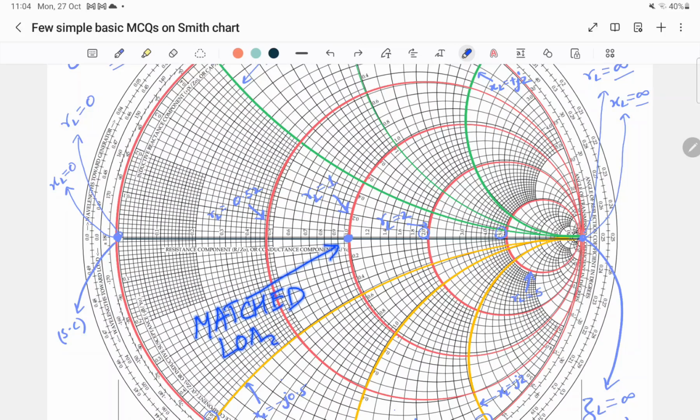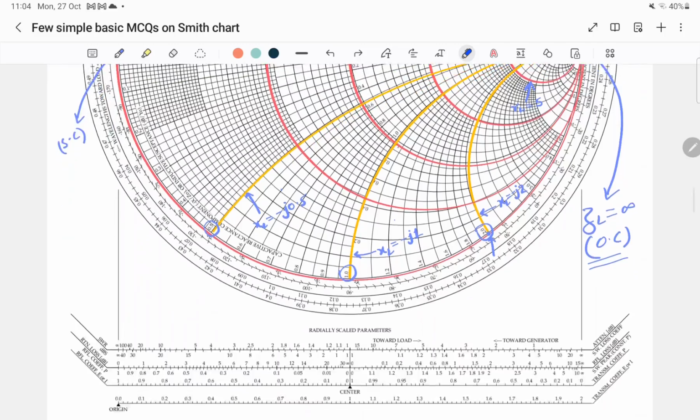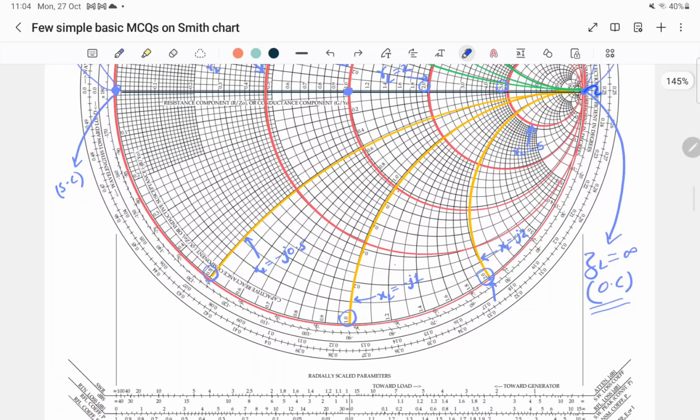And this point we have already seen is called the short circuit load, which means the load is short circuited. And this particular point is called the open circuit load, which means the load is open circuited.